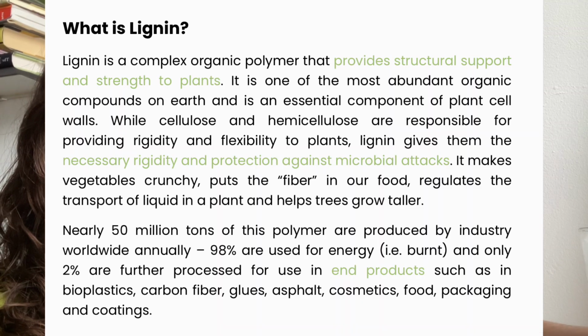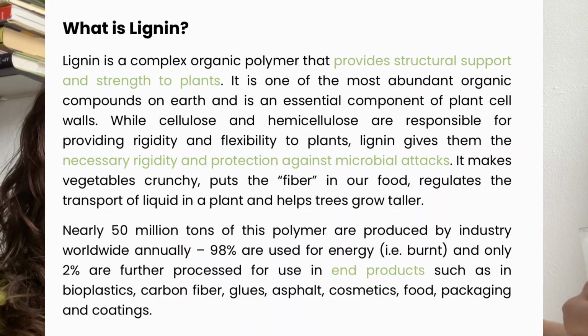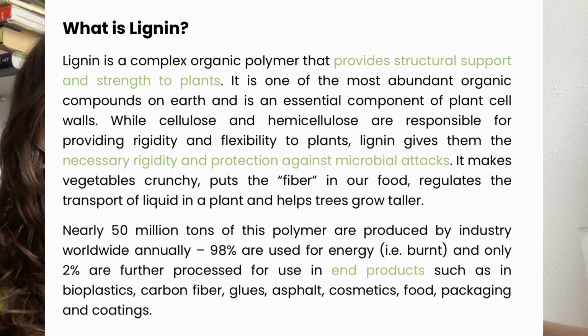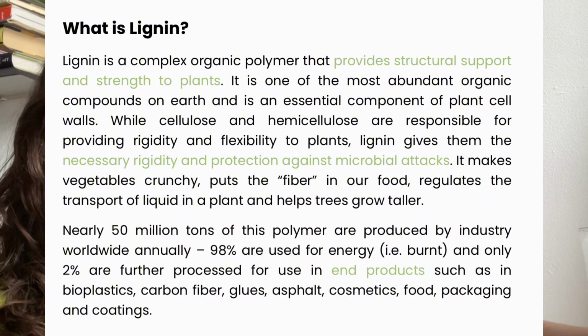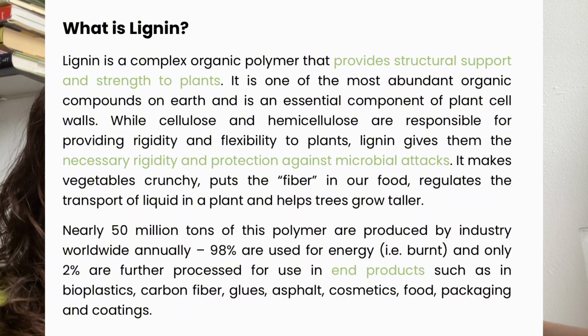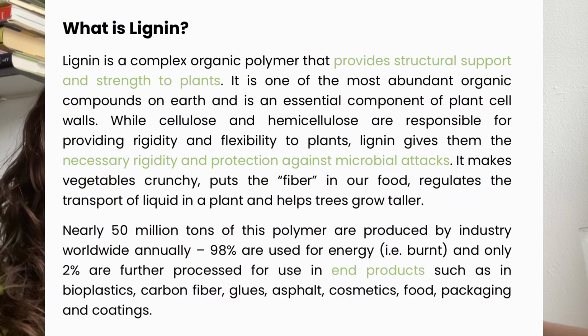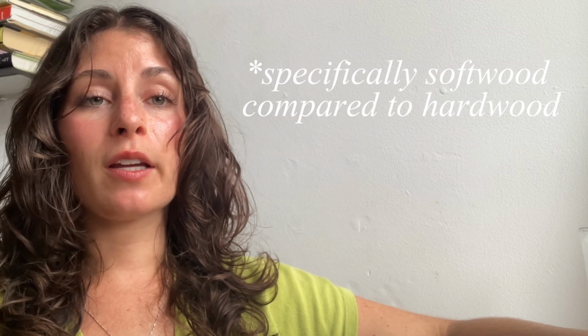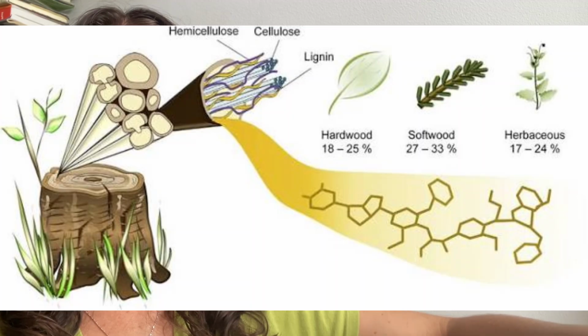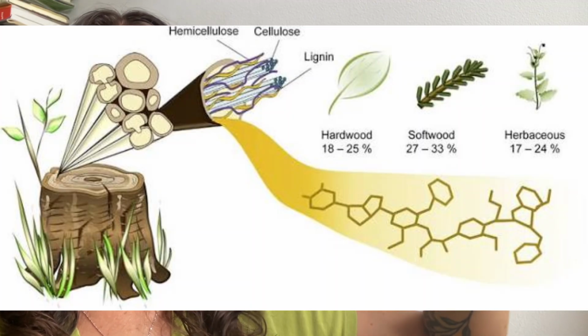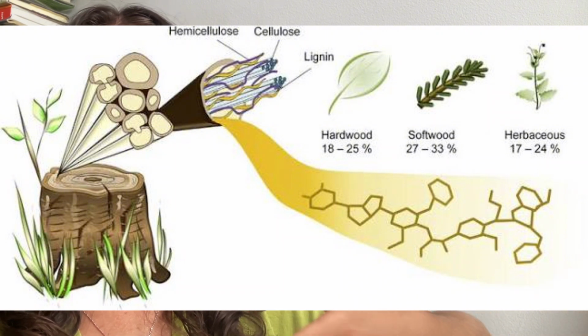Lignin is a complex organic polymer that binds cellulose and hemicellulose fibers together in the plant cell walls, providing structural rigidity, waterproofing, and decay resistance. Tree bark, on average, has a higher lignin content than something like straw or a leaf. Leaves will break down a lot more easily.